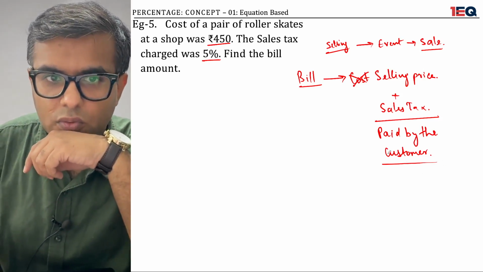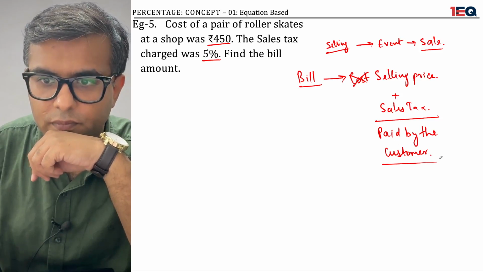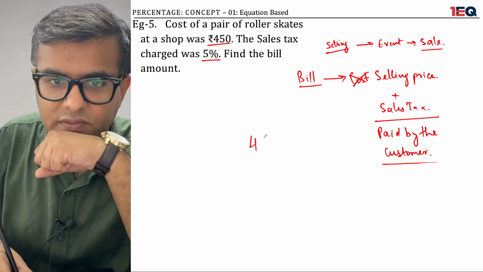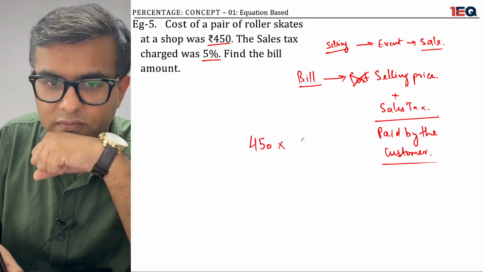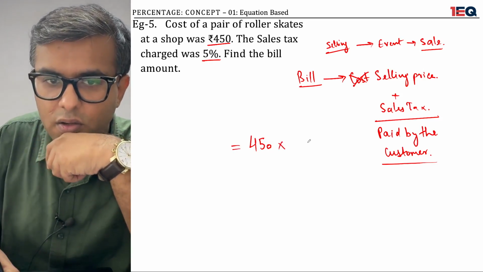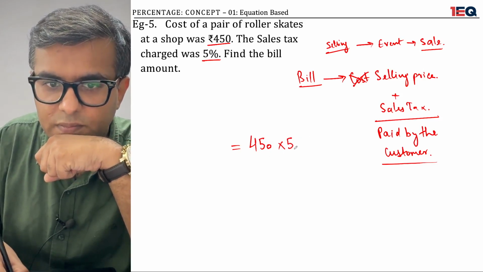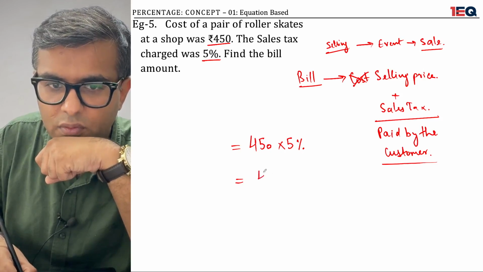Coming to the point ahead, the cost is 450 rupees and the sales tax would be applied on this 450 rupees at 5%.